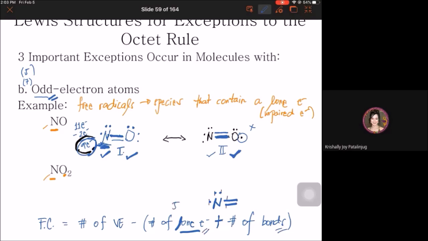So 5 here. Then, I told you to memorize the valence electrons of common atoms, so you know nitrogen has 5 valence electrons. Minus 5, so 0.